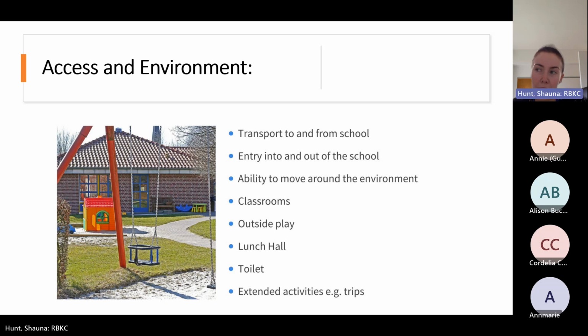So I would suggest, if you have a child coming in or starting, I'd usually recommend organising perhaps a site inspection or an access assessment visit of the school, just to ensure that it's fully accessible, and possibly even to complete an individual access plan for the pupil.